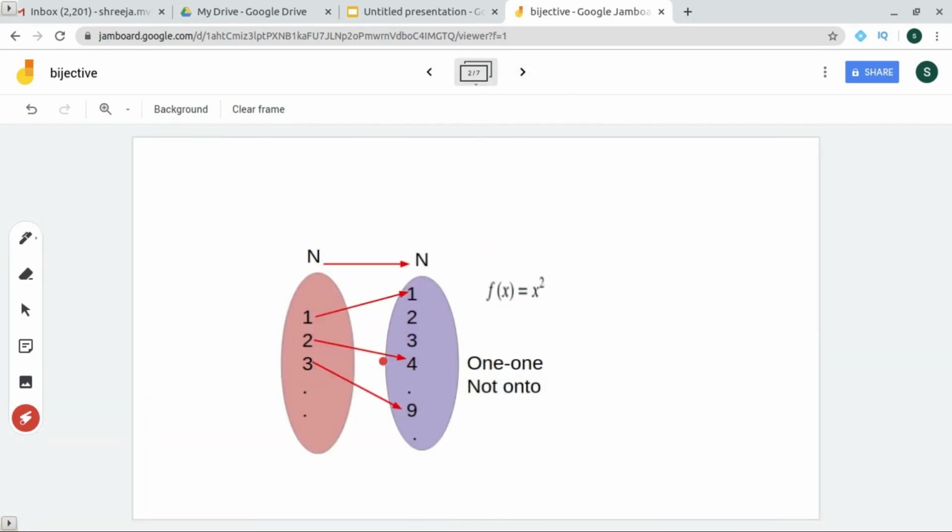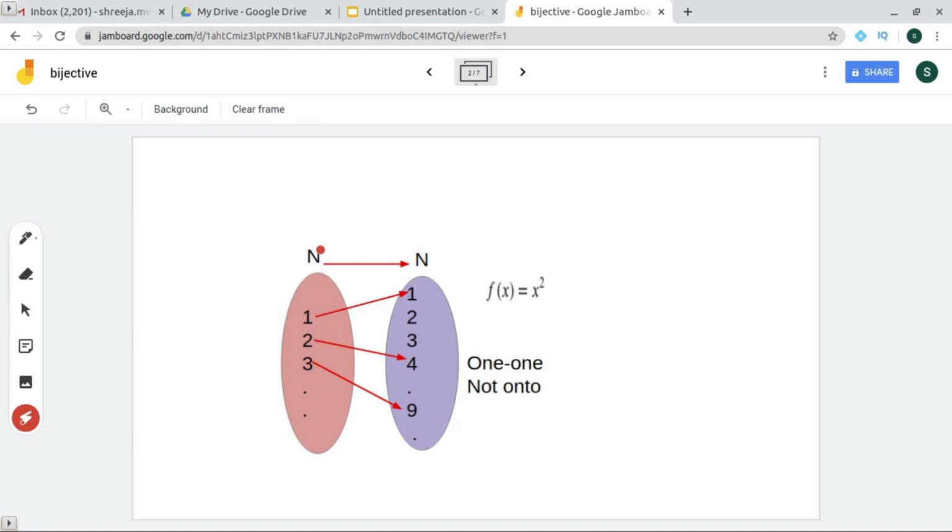Now consider the first problem, f is from N to N given by f(x) = x². 1 goes to 1 squared, 2 goes to 2 squared, 3 goes to 3 squared. Different elements are mapped to different elements. 1 is not equal to 2 and here 1 is not equal to 4.